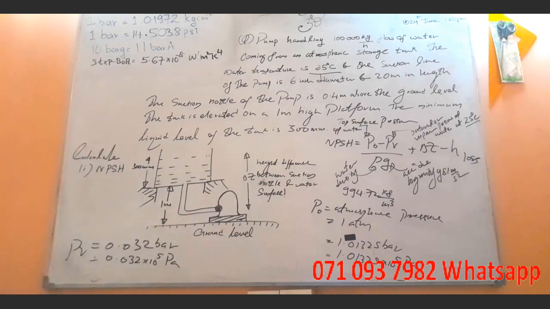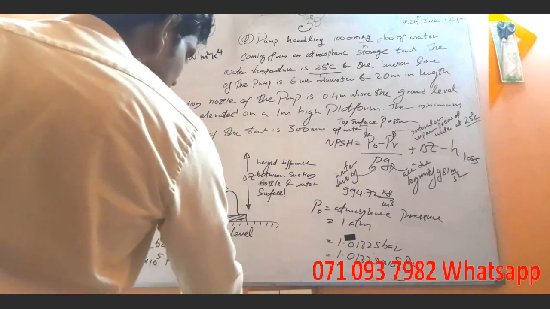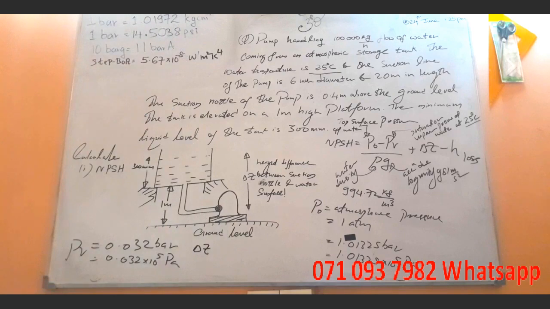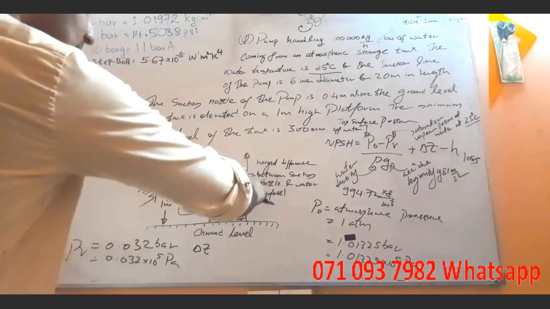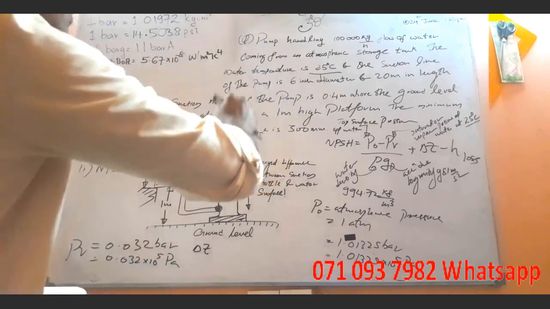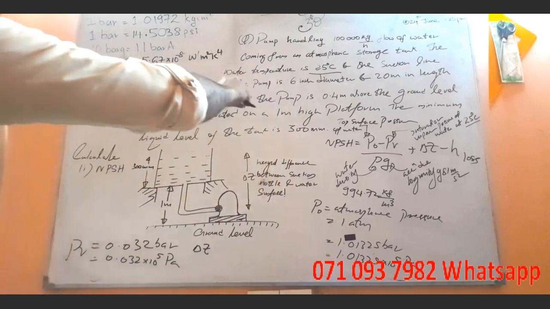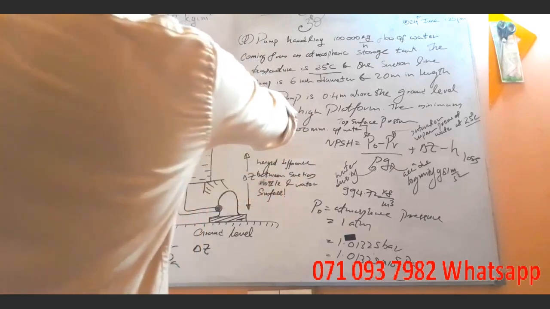So what is delta Z? Delta Z is the height difference, so be very careful. It is the height difference between the nozzle and the liquid level. In this problem it describes a nozzle.